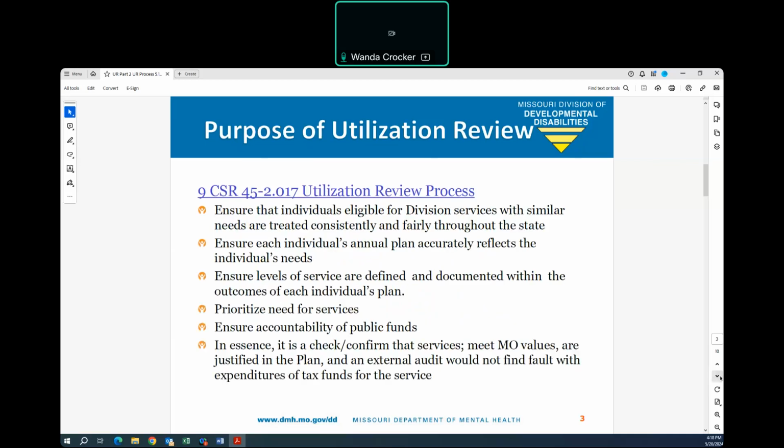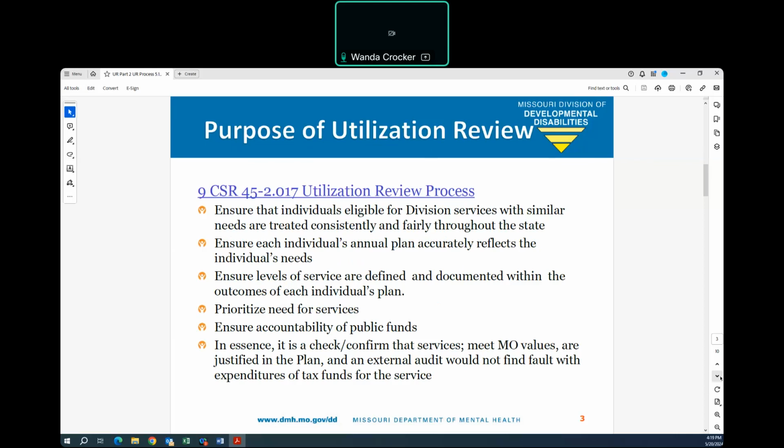The utilization review process was created to ensure that individuals eligible for division services with similar needs are treated consistently and fairly throughout the state. Ensure each individual's annual plan accurately reflects their individual needs. Ensure that the levels of services are defined and documented within the outcomes of each individual's plans.